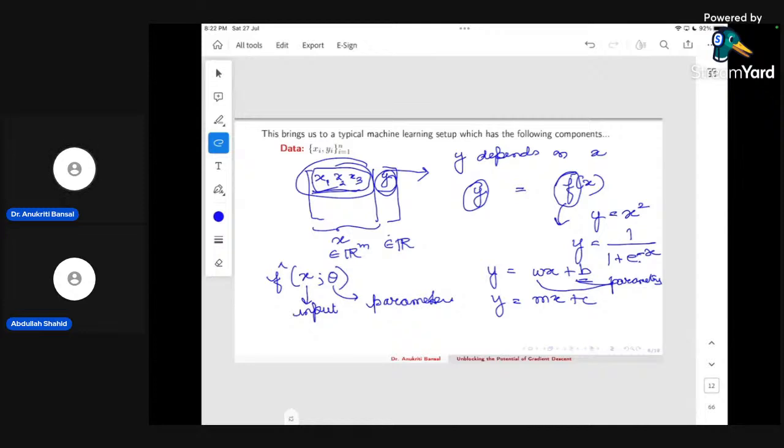And from our high schools, we know that if we have two simultaneous equations, I can get the value of m and c. So this was a very simple example, but in the real world, we will have many such data points. This is just for two data points. If I have 2 points, I can use the simultaneous equations and get the value of m and c. But in the real world, we have many such data points, and we need an algorithm to find the parameters.